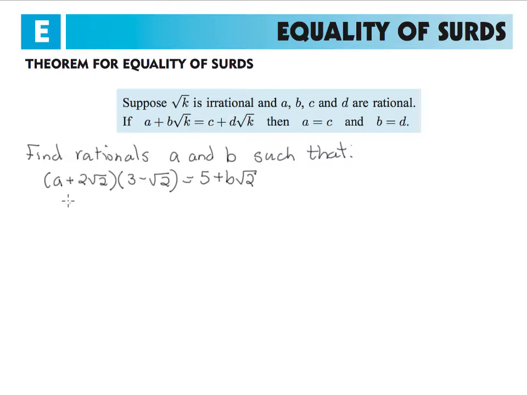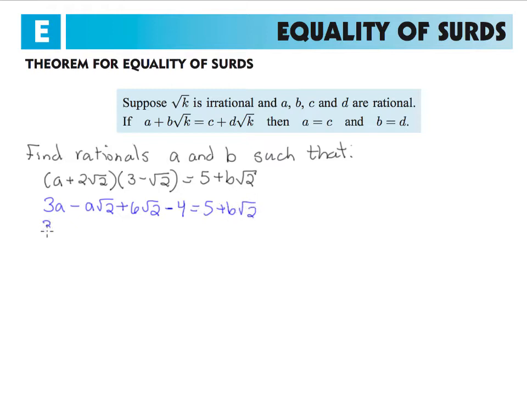I'm going to multiply a times 3, which gives us 3a. A times negative the square root of 2, so that's negative a the square root of 2, plus 6 the square root of 2, minus 2 times 2, which is minus 4. And that's still equal to 5 plus b the square root of 2.